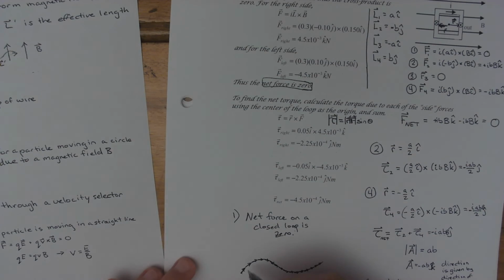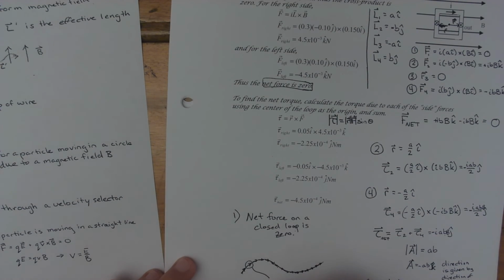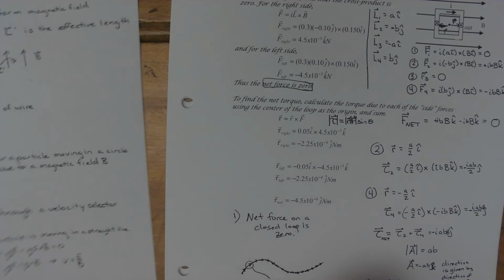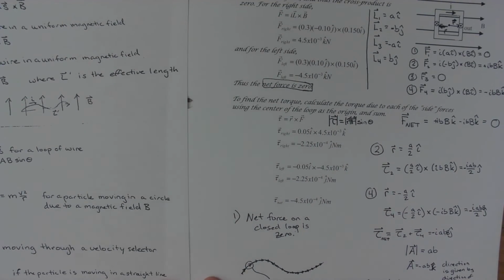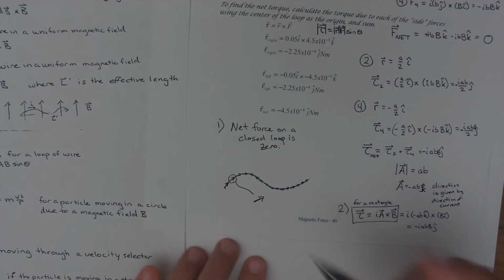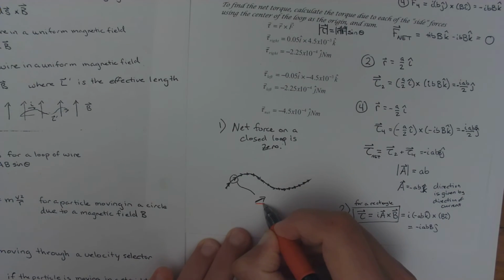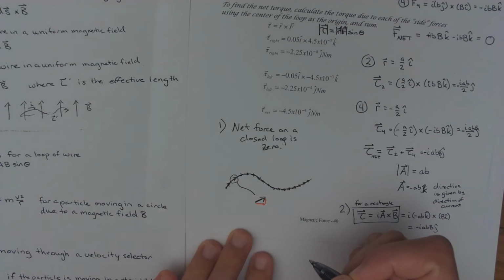Okay, so each segment that you have, I'm going to zoom in on this one here. So this vector is going this way. The magnetic field is going straight up. I can break this vector down into components, and I have a horizontal component and a vertical component.